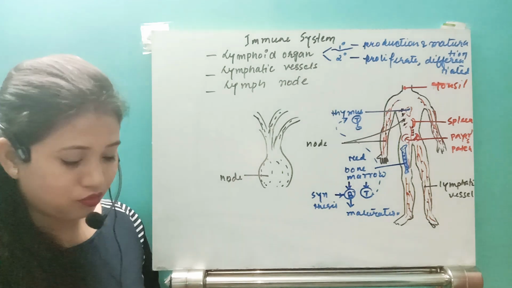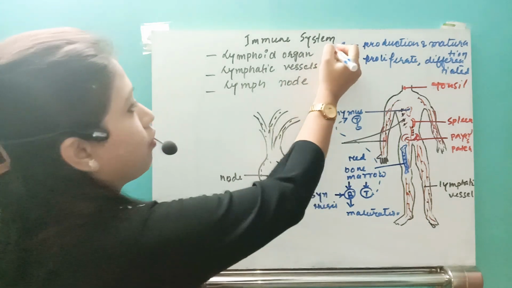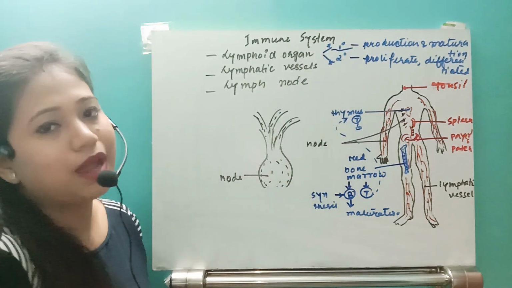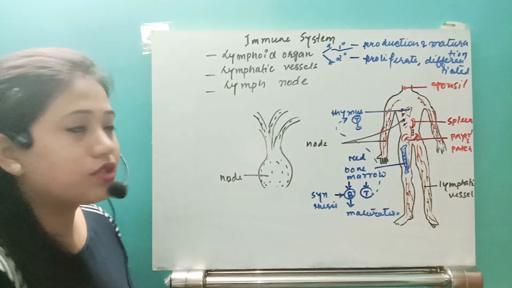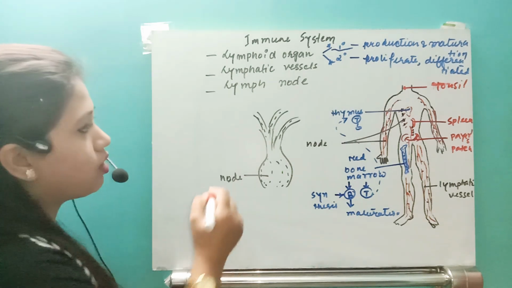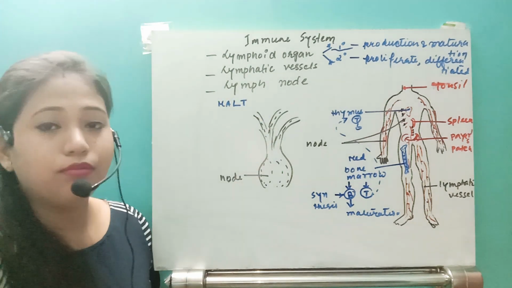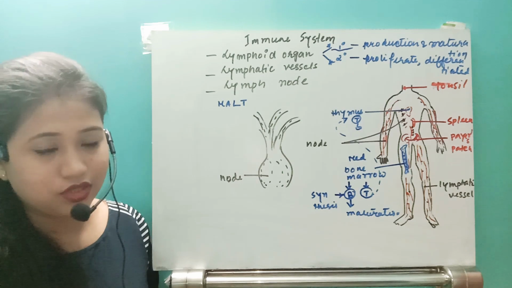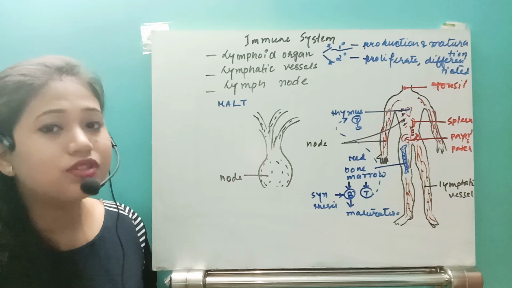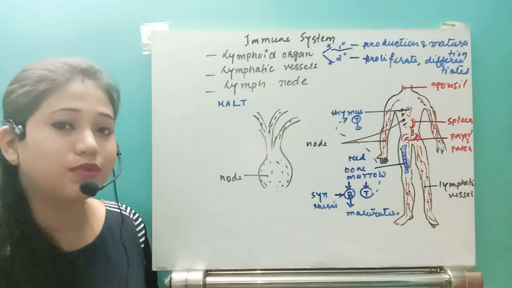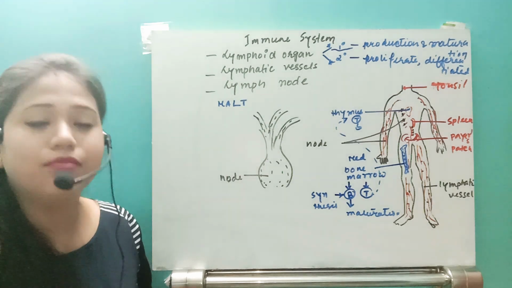We also need to know one very important point. The question will basically be asked from the examples of the primary and the secondary lymphoid organs. We have one very important lymphoid organ named MALT, mucosa associated lymphoid tissue, which is present throughout our alimentary canal, in the inner lining of the whole alimentary canal.